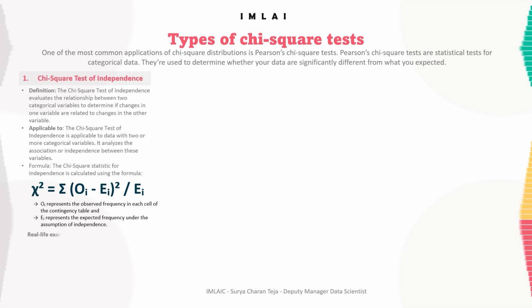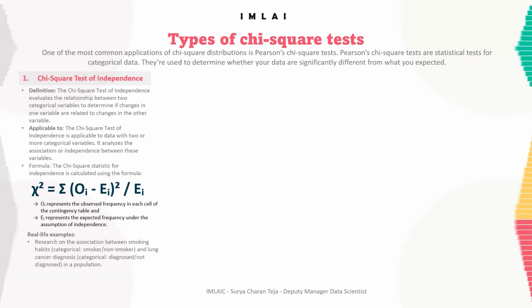So, first one, research on the association between smoking habits, which is obviously a categorical variable, whether you are a smoker or non-smoker, and lung cancer diagnosis, which is also categorical, diagnosed or not diagnosed in a population.